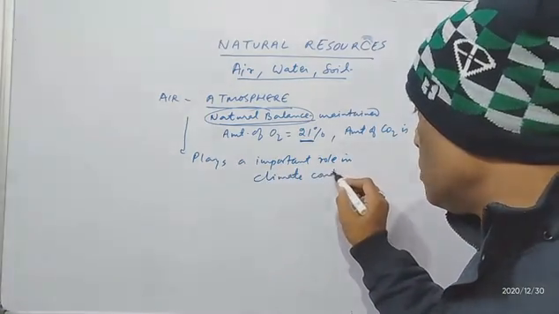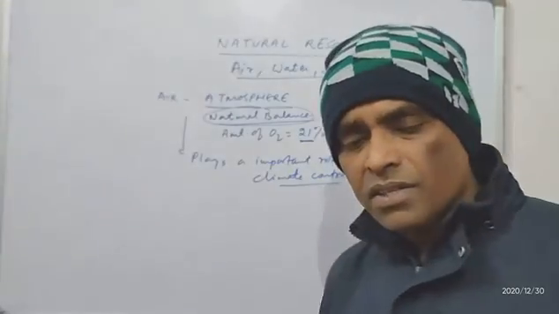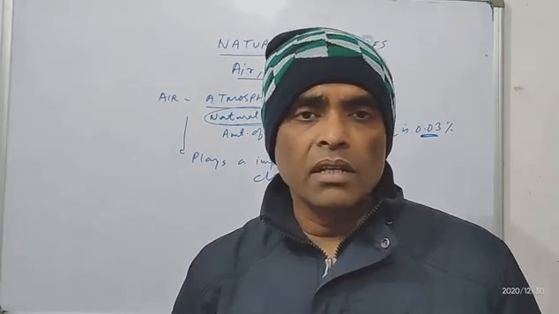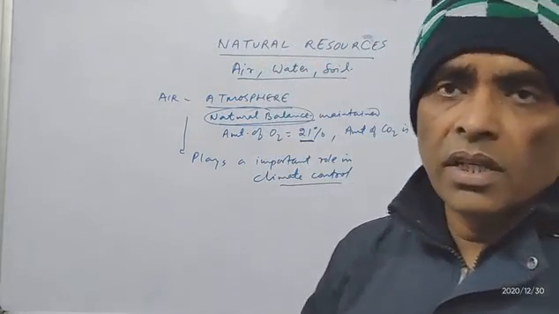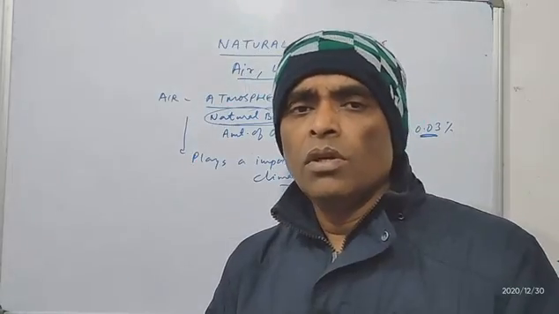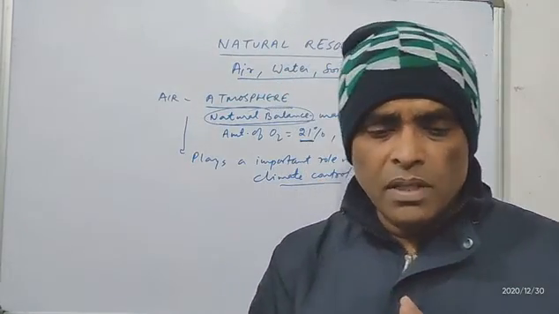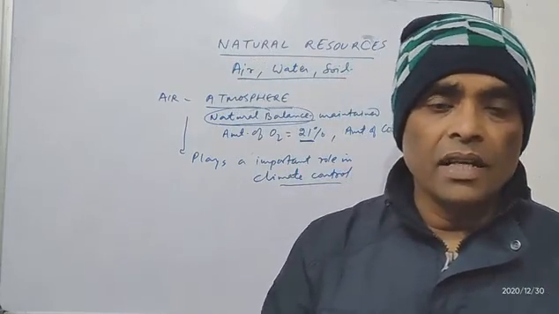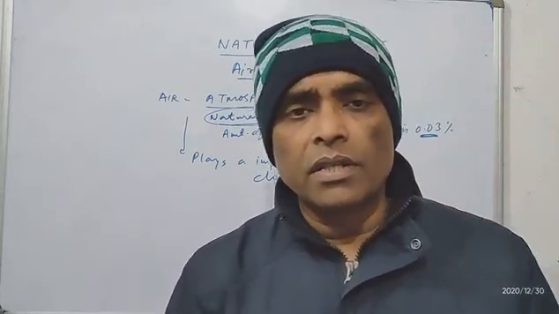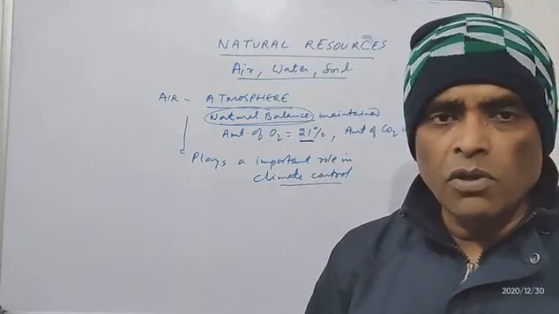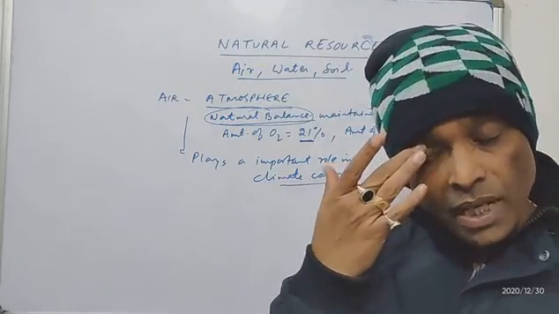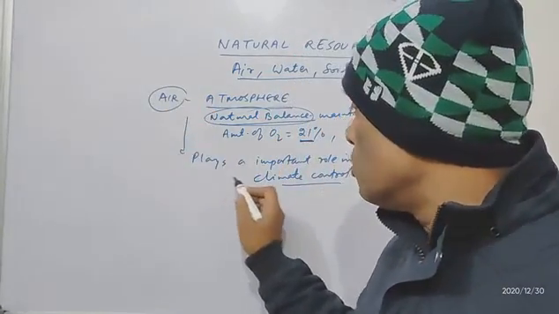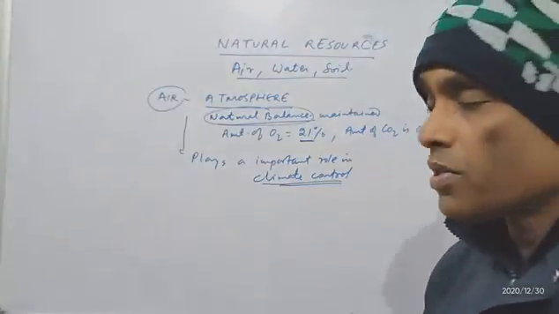Climate control, you understand, means the dry conditions, the humid conditions, the rain that occurs, the water cycle, and the clouds that are formed. Whether the climate will be a hot climate, a humid climate, a dry climate or a cold kind of condition, in all these, the amount of moisture that is trapped in the atmosphere plays a huge role. So air is definitely playing a huge role in the climatic control process.